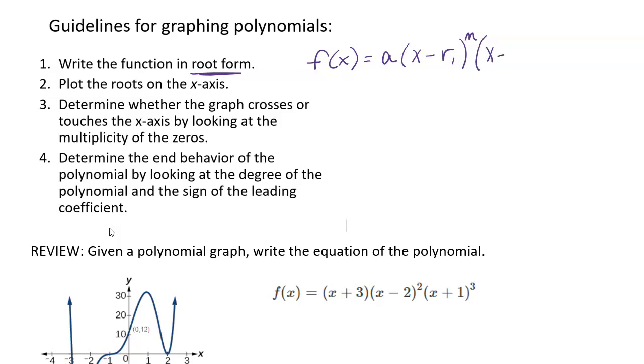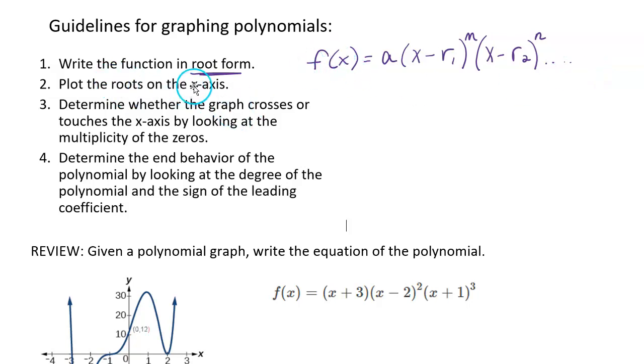Then x minus r sub 2, maybe with a different exponent, a different root, and so on, where you have each of those roots and the different exponents and multiplicities represented.